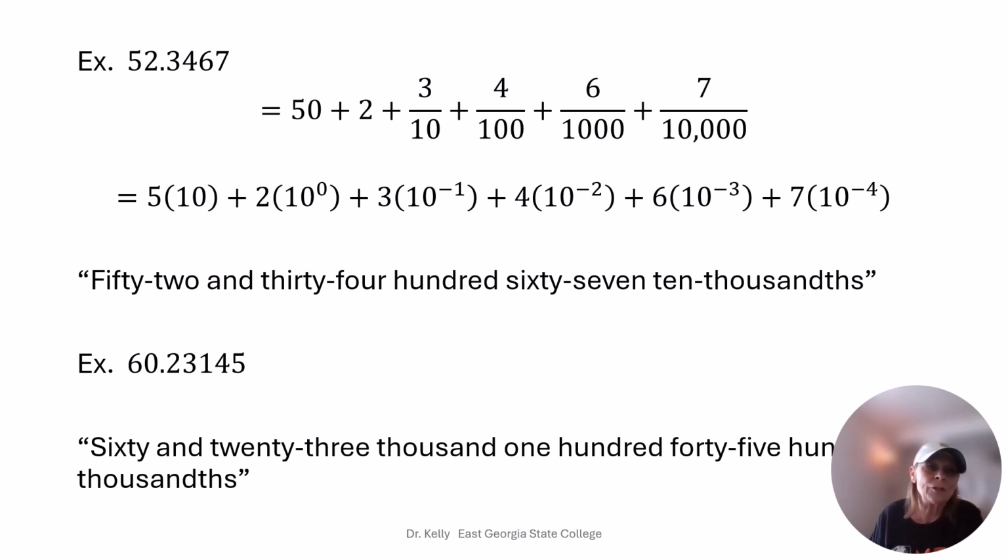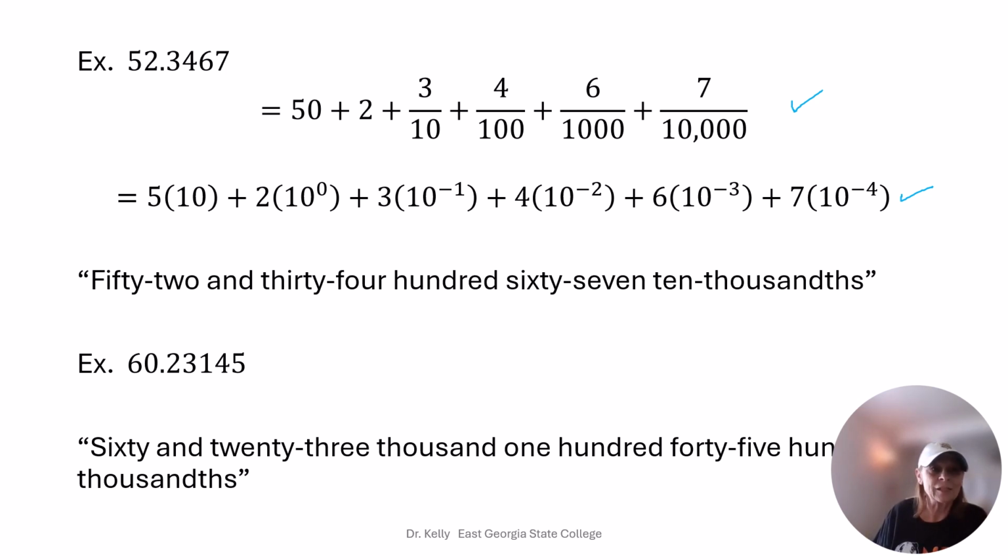So this is 52 and 3,467 ten-thousandths. You could have also said 3,467 ten-thousandths. I don't know why I wrote it kind of awkwardly like that. But here we have it in the expanded form, and also we have it with the powers of 10.